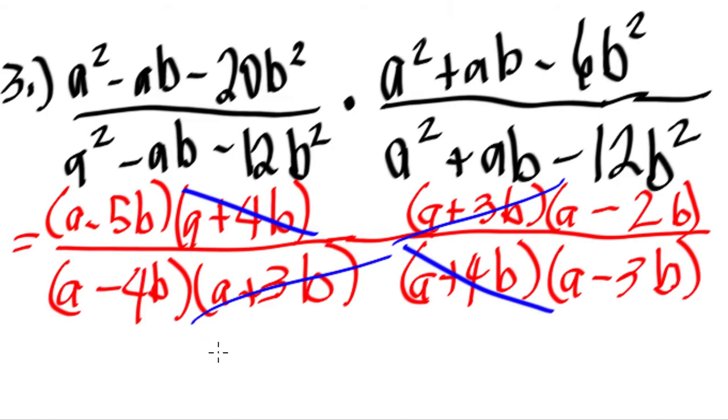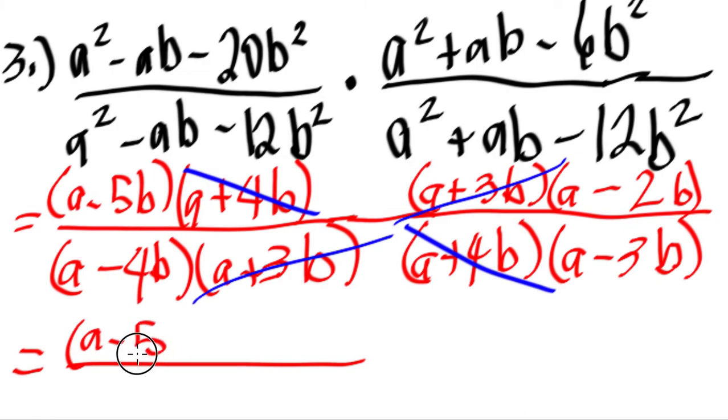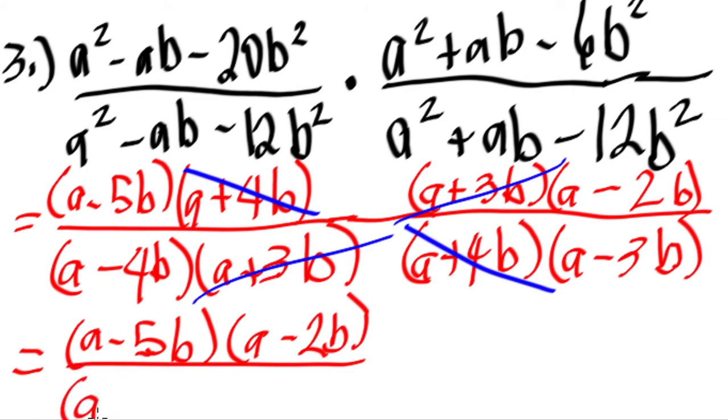The other things we cannot, so we will just move on from that. Meaning after the cancellation has been made, we are left with a minus 5b times the quantity of a minus 2b, all over a minus 4b times the quantity of a minus 3b.